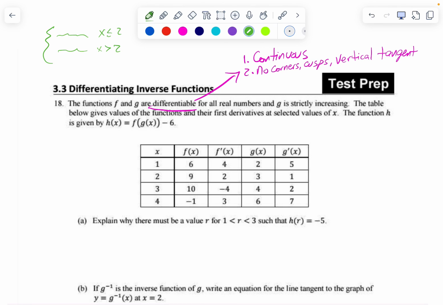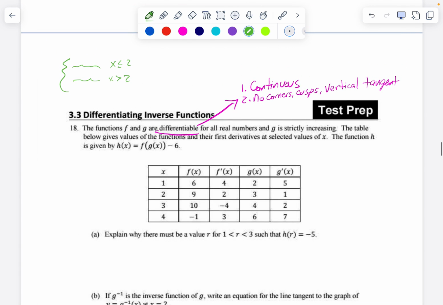What do we check at 2 to know if it's differentiable or not? First, check continuity. How? Limits from both sides equals, let's just say f of a.